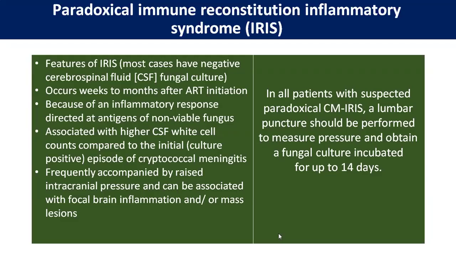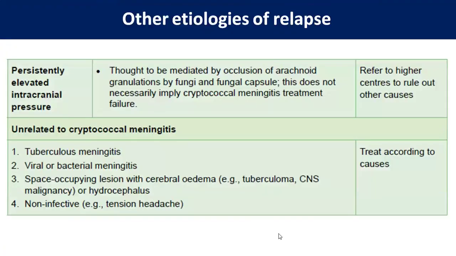So, in all patients with suspected paradoxical cryptococcal meningitis IRIS, a lumbar puncture should be performed to measure pressure and obtain a fungal culture incubated for up to 14 days. Other etiologies of relapse, unrelated to cryptococcal meningitis, are tuberculosis meningitis, viral or bacterial meningitis, space-occupying lesions in the form of tuberculoma, malignancies, and non-infective causes like tension headache, and so on.